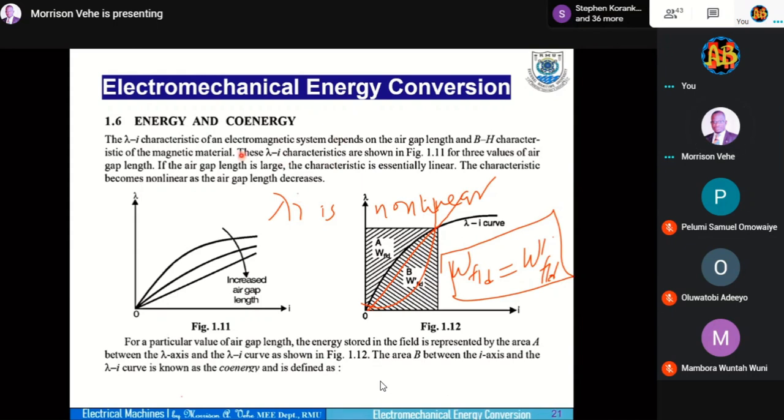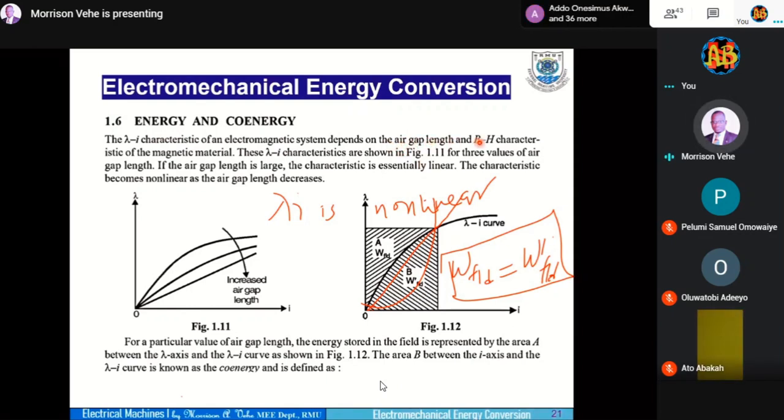So your lambda-i curve is going to depend on the air gap length and then the BH characteristic curve.